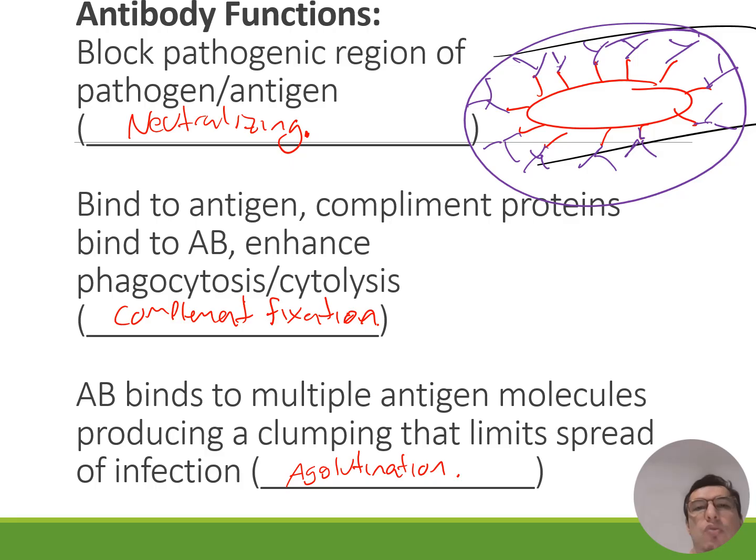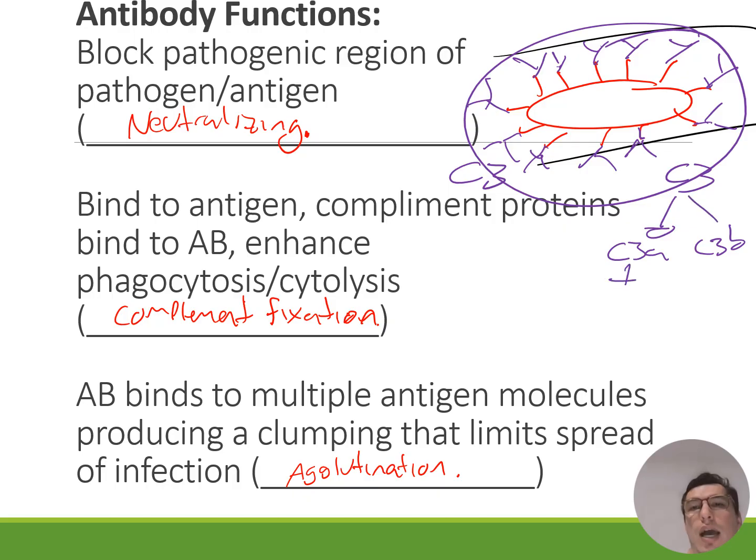Next, if we do a complement fixation, once the antibody binds, there are going to be changes to that antibody, and complement proteins such as C3, which is free flowing in circulation, are going to become activated. And once it becomes activated, we're going to go into C3a and C3b.